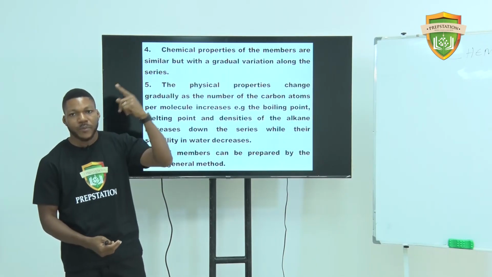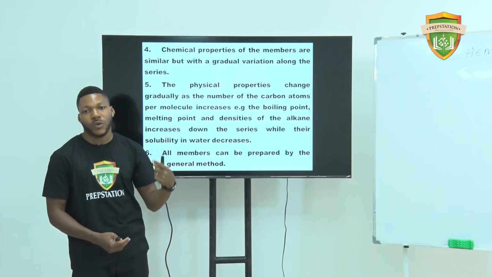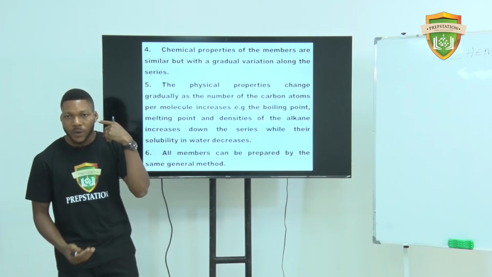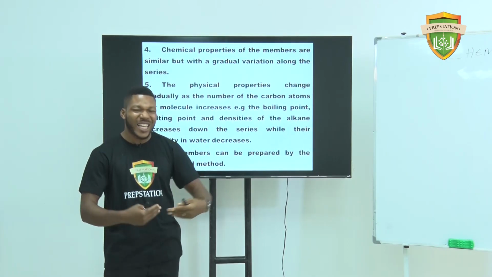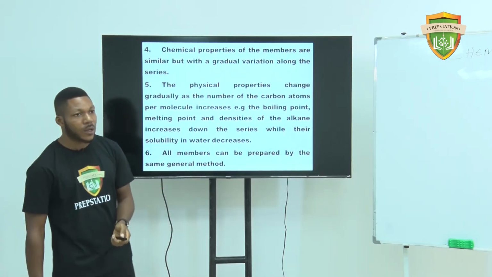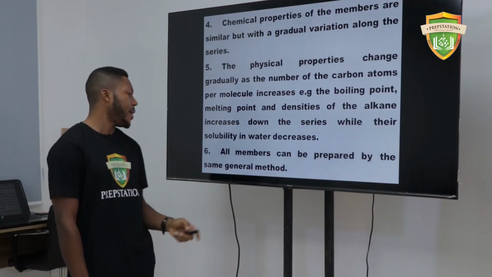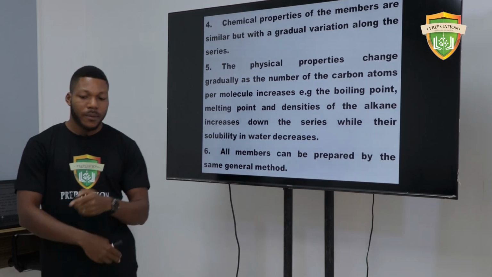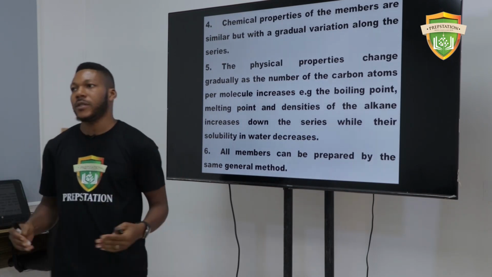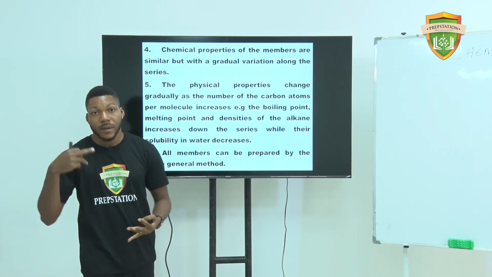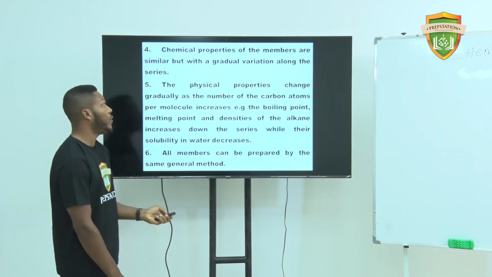For example, we have propane, we have ethane, and so on. Propane has the least boiling point. As it goes down the group, the boiling points increase based on what? The increase in the carbon atoms present. All members can be prepared by the same general method. So homologous series have similar characteristics in terms of their chemical properties, mode of preparation, and so forth.